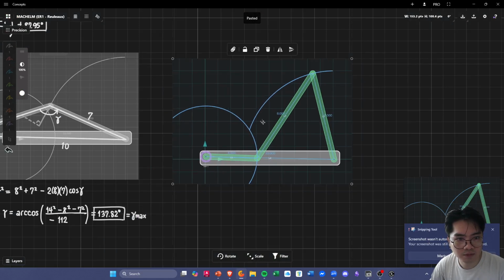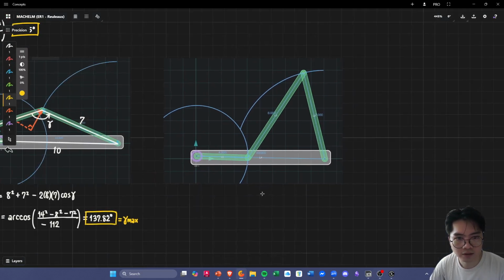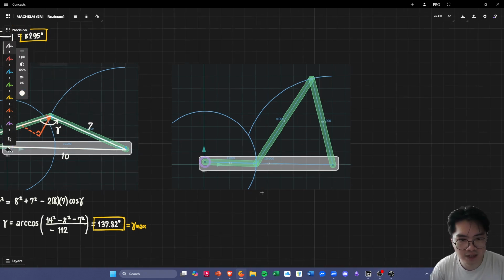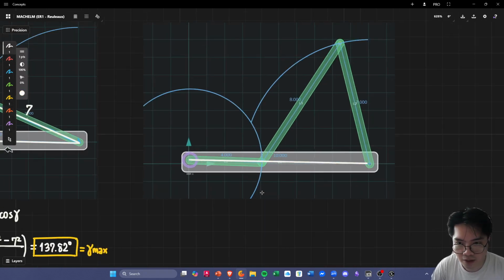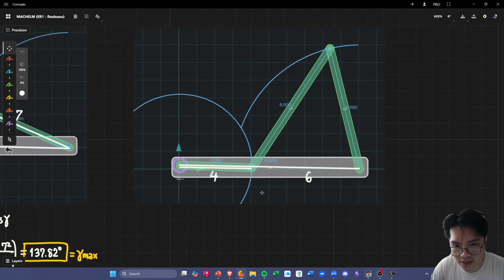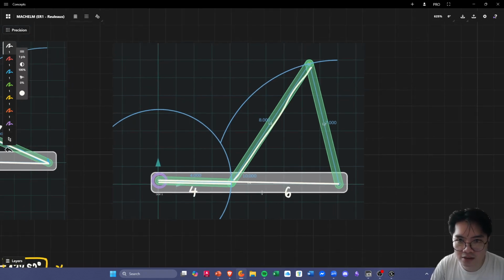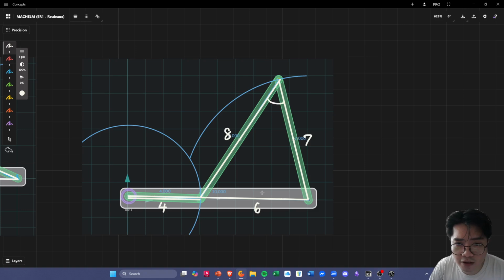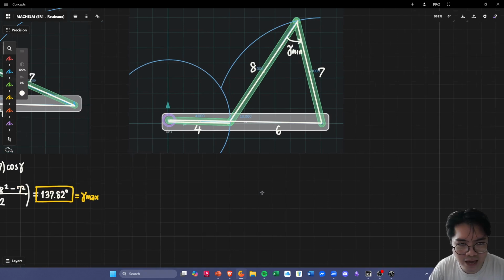Let's line it up. Okay, and then if this is 10 and this is 4, then 4 and 10 creates a 6, and then it creates just another triangle here, 8 and then 7. And we will have here our minimum gamma, which is again applying the cosine rule.